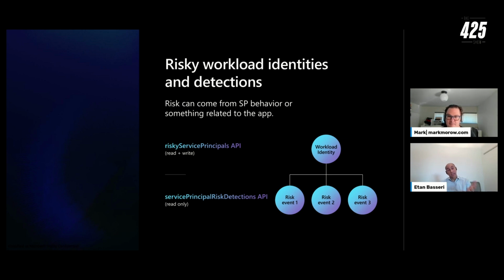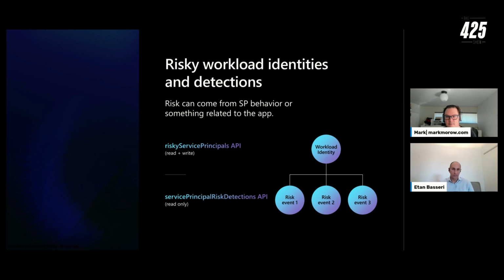To answer your question directly, we might detect the leaked credential if it's in a GitHub public repo. We did an integration with GitHub after the acquisition, so we can now consume that, and we certainly see instances of that coming in. But even if we don't detect it, we can also detect suspicious sign-in activity.